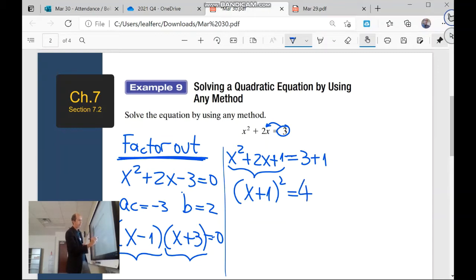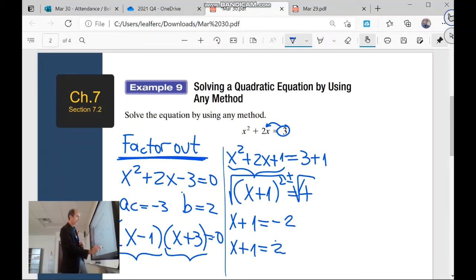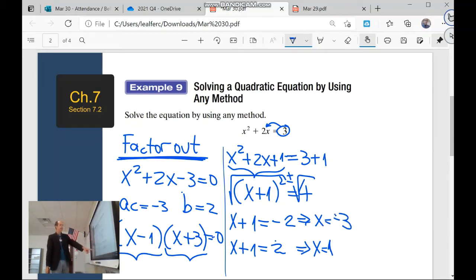And then you apply the square root property, and this is positive or negative. So x plus 1 equals negative 2, or x plus 1 equals 2. And then you're going to have one of the answers here and the other answer right here: negative 3 or 1, the same as factoring out.